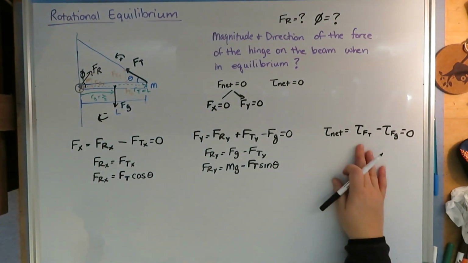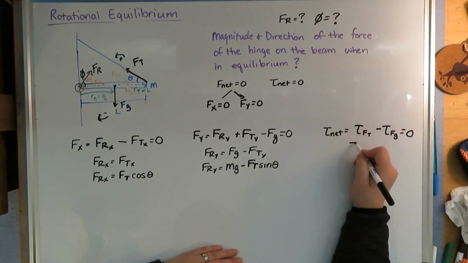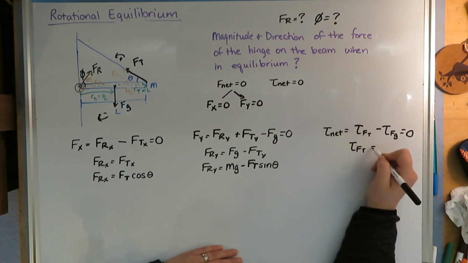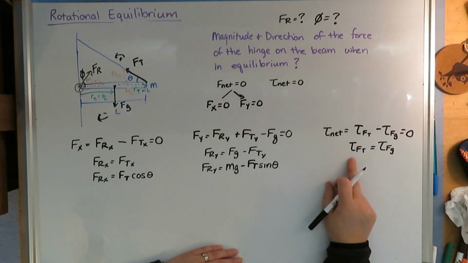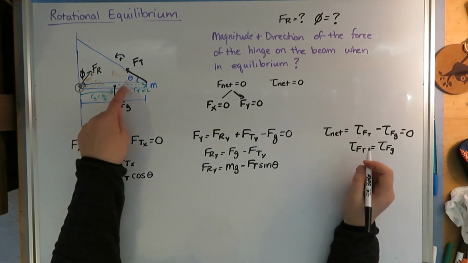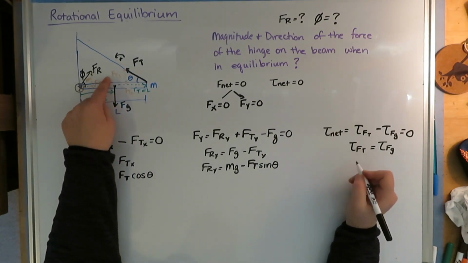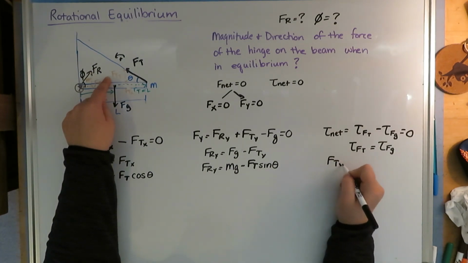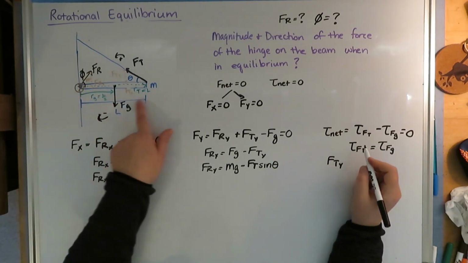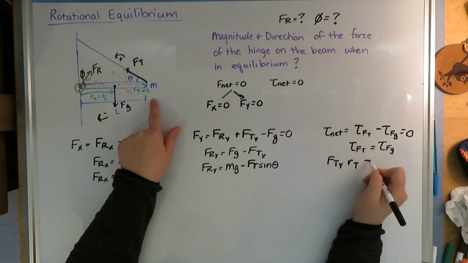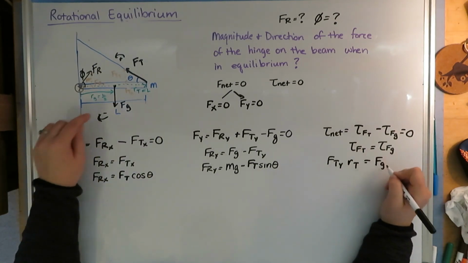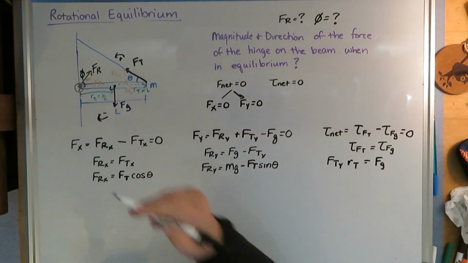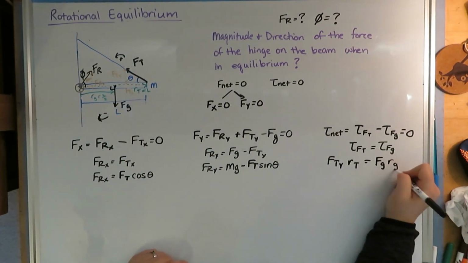And then if I come over here to this one, I'm going to have the torque due to FT is equal to the torque due to FG. So my torque due to FT is going to be based on the perpendicular component to r, which is going to be FTY times RT. The torque due to FG is going to be FG, it's already perpendicular, so it doesn't have an angle, times RG.